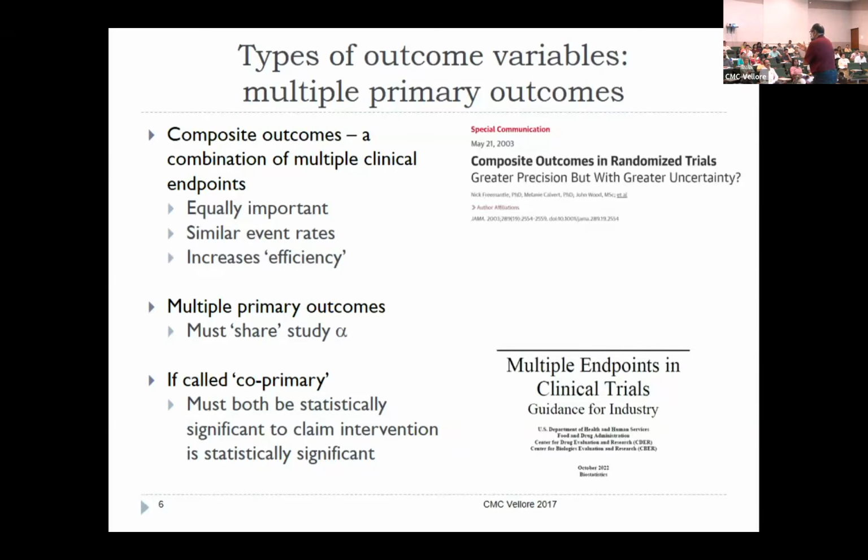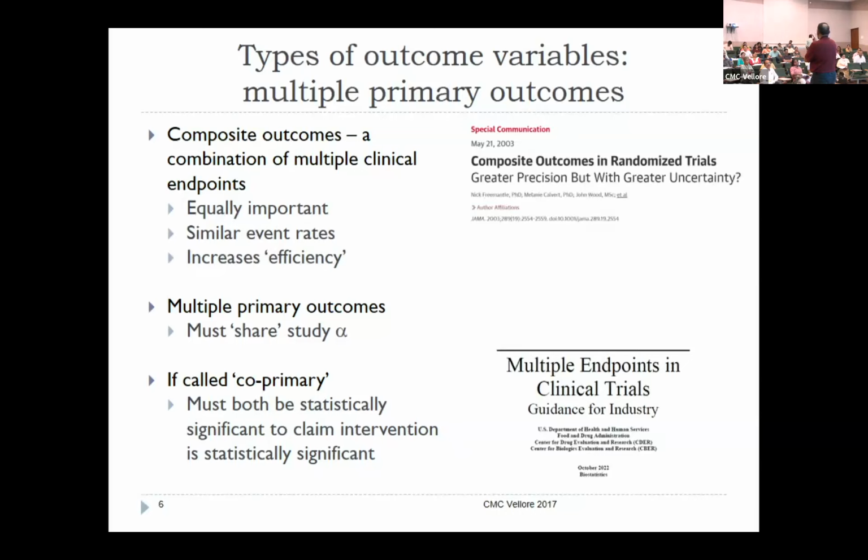Maybe you did not get statistical significance for the first primary one, but the second primary one, you did. So you could say my intervention is effective because it was good for this second primary outcome. It did not reach statistical significance for the first one, but it was consistent. And you can say my intervention is effective.